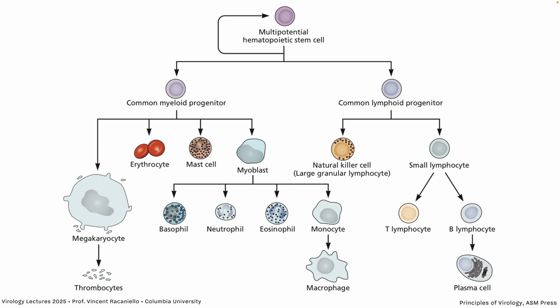NK cells, B cells, and T cells, and eventually plasma cells, which are the antibody-producing factories made from B cells. And then we have the common myeloid progenitor, which gives rise to different cells, including red ones, erythrocytes, and macrophages, neutrophils, basophils, and eosinophils. So that's where they come from, the bone marrow.